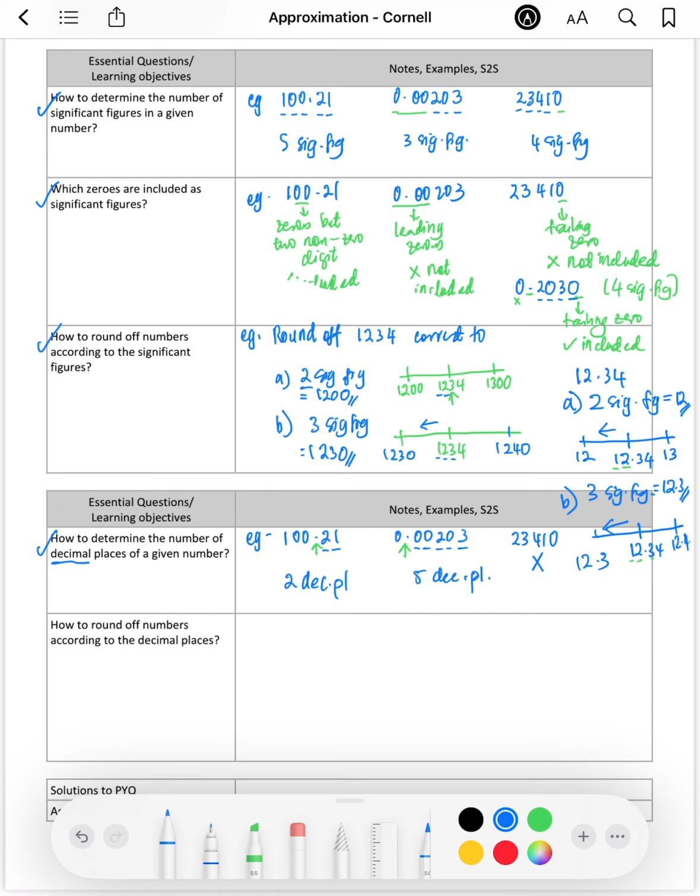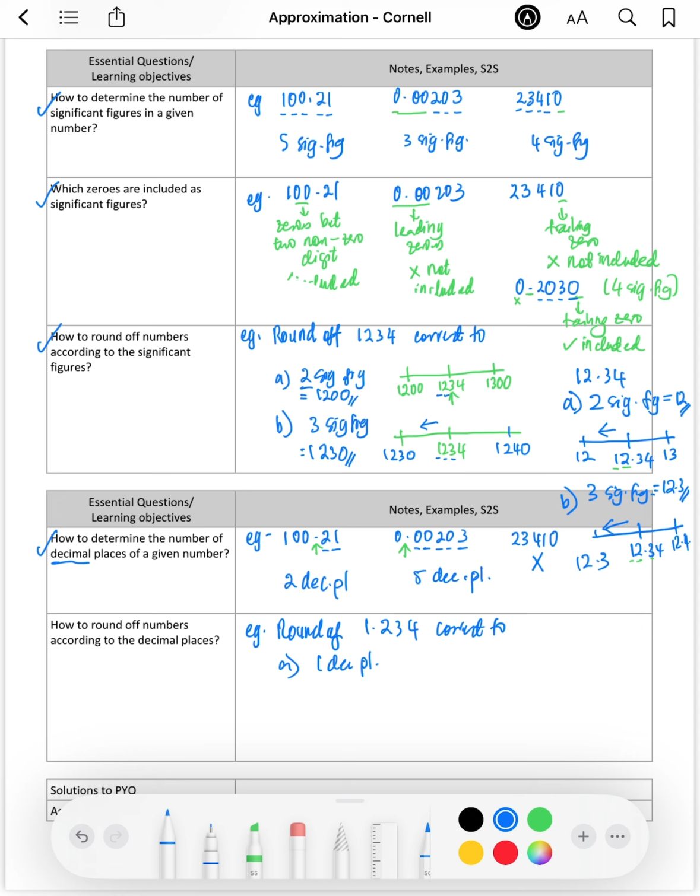So let's have an example. So when you round off, okay, you round off. So for example, round off, so here I'll include decimal. Okay, correct to 1 decimal place. That means what?